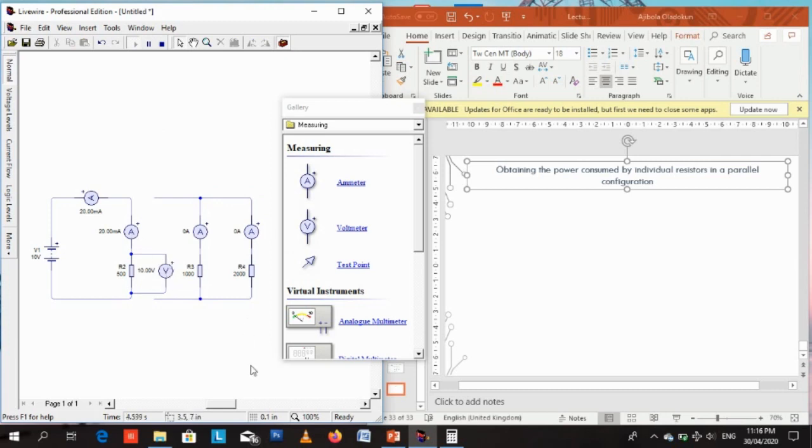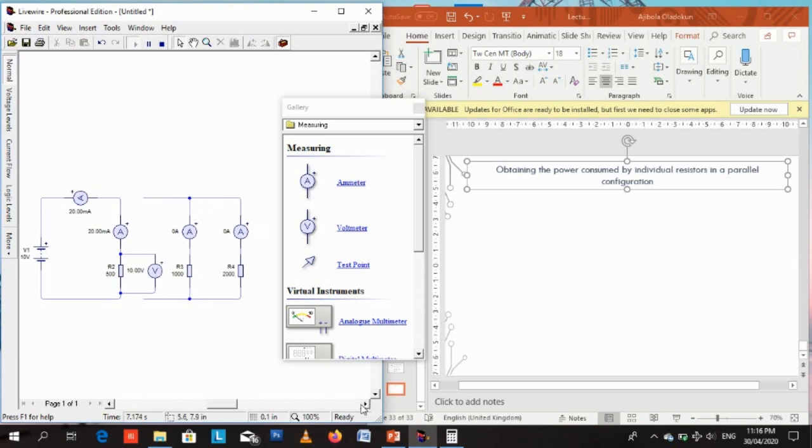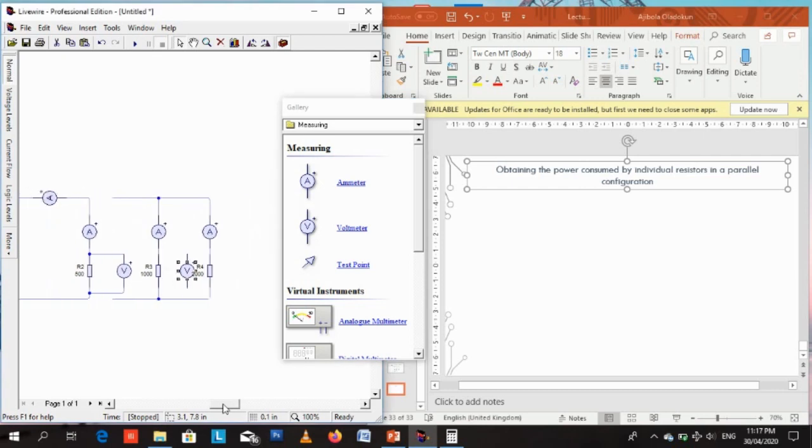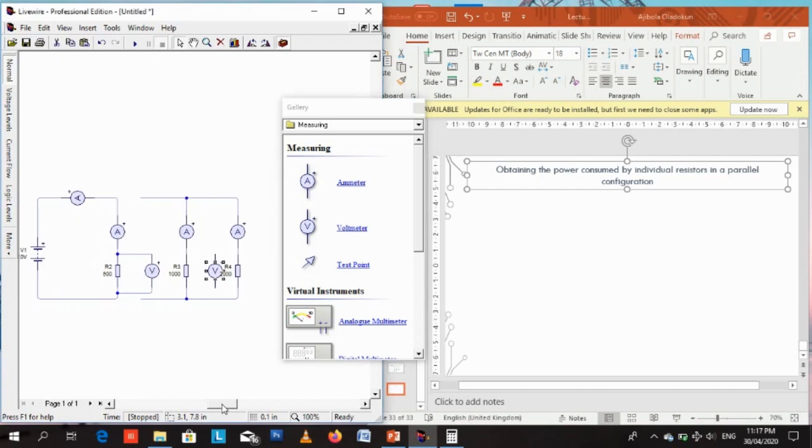That's why, after we've already connected an ammeter through each resistor to determine the current, we now want to connect the voltmeter across each resistor also. So to obtain the power consumed by each resistor, we connect both the ammeter through the resistor and a voltmeter across it, because power P equals IV.